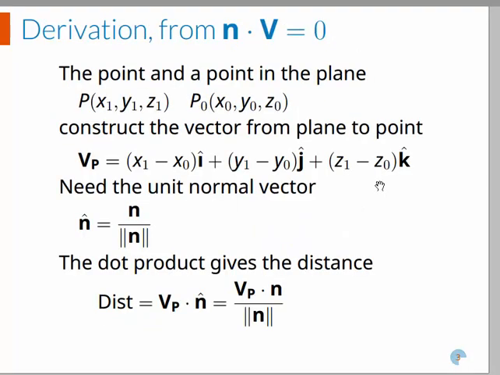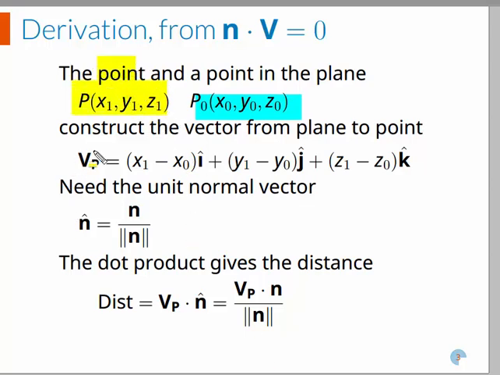So here we are back at the equations, and you can see that vector V is indeed the vector to the point that we're trying to deal with from the point that's above the plane.